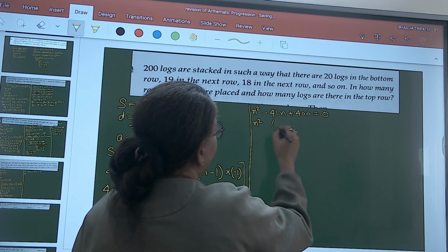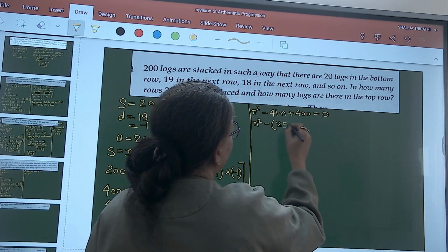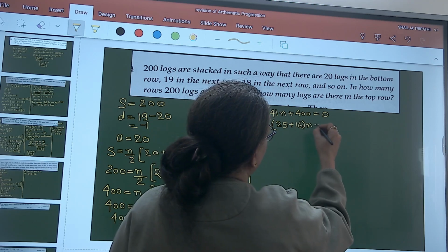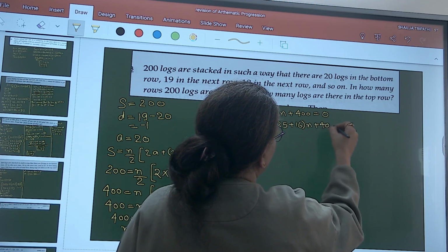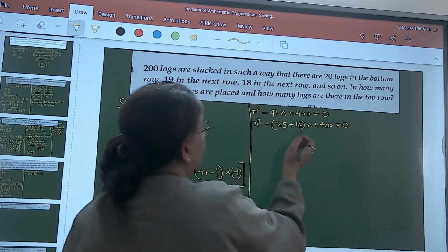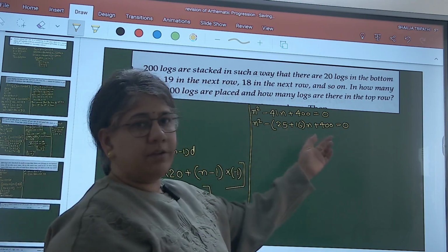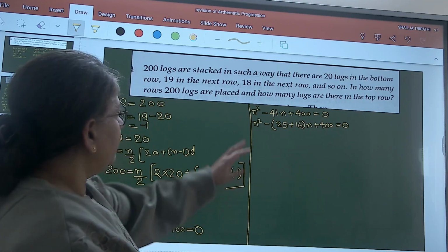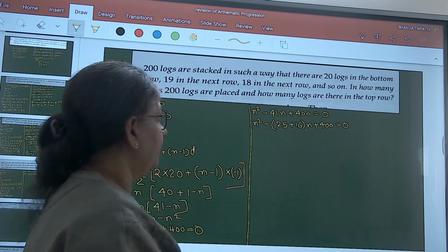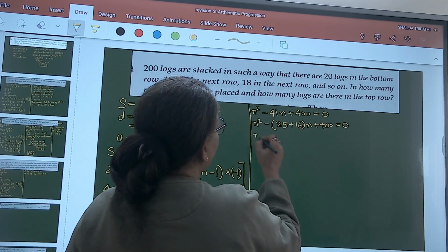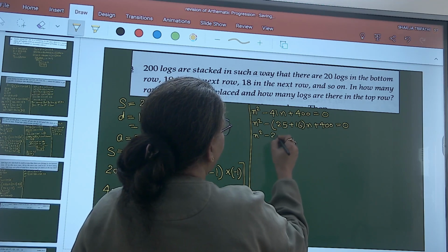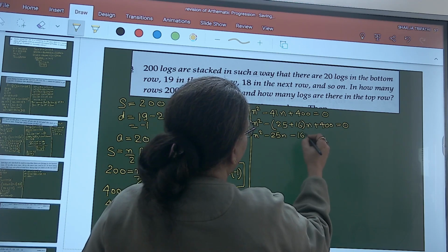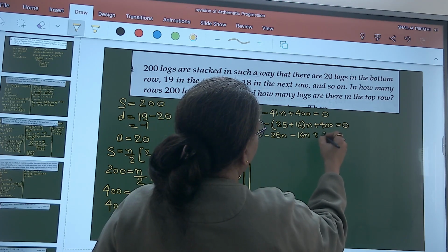n square minus (25 plus 16)n plus 400 is equal to 0. So when you multiply these two, 25 and 16, you get 400, and by adding we get 41. That is, we are using middle term splitting method. Okay, n square minus 25n minus 16n plus 400.